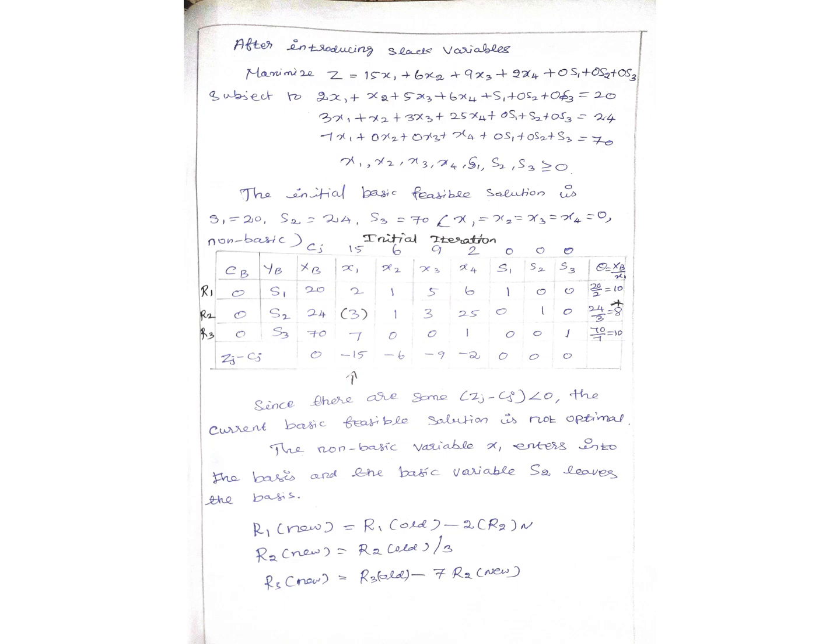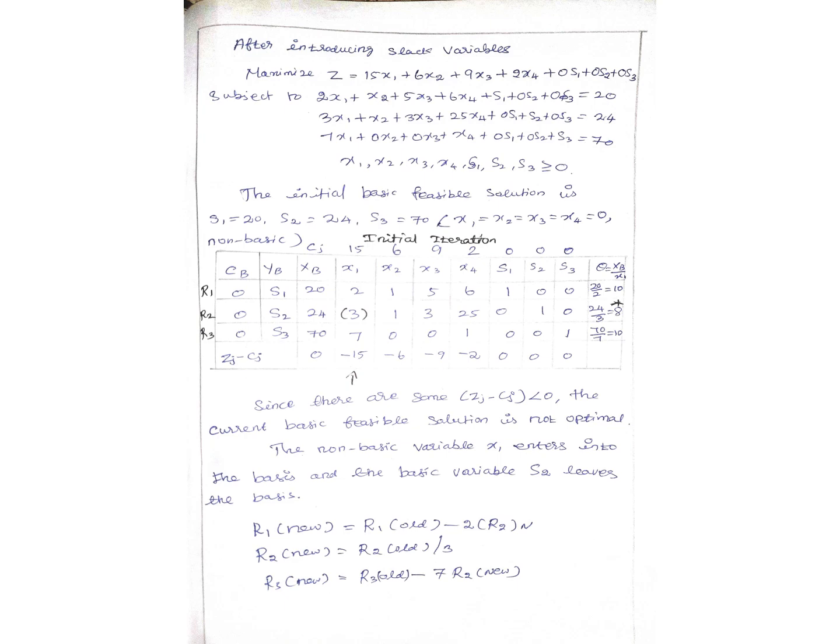The first constraint, we add the first slack variable s1, that is 2x1 plus x2 plus 5x3 plus 6x4 plus s1 equal to 20. The second constraint adds the second slack variable, that is s2. The second constraint is 3x1 plus x2 plus 3x3 plus 25x4 plus s2 equal to 24.